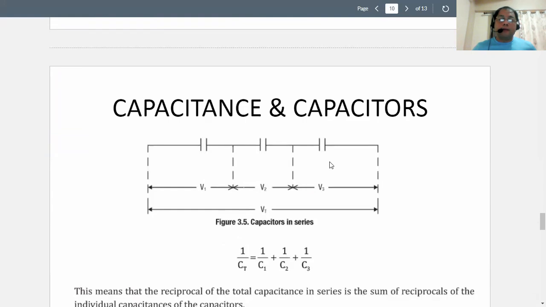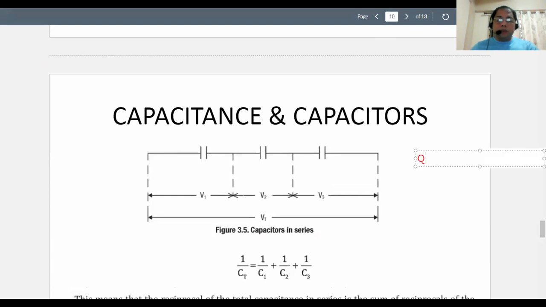Now we have here an equation about the total capacitance, and maybe we can understand it by looking at the relationship of Q, C and V. What we learned earlier is that Q is equal to CV, or we can write V as Q over C. This relationship allows us to understand why we end up with these equations.